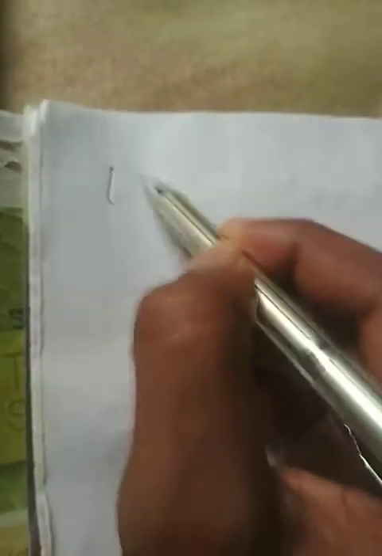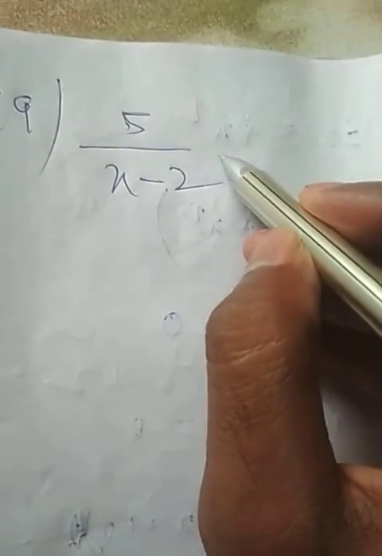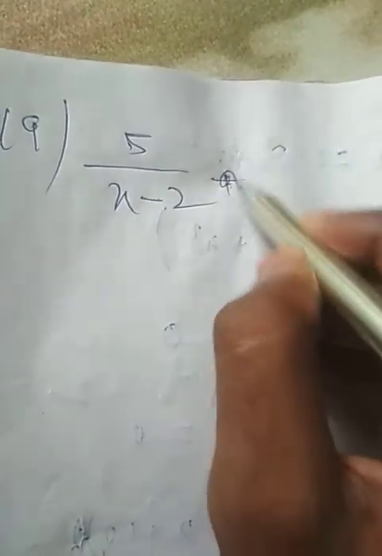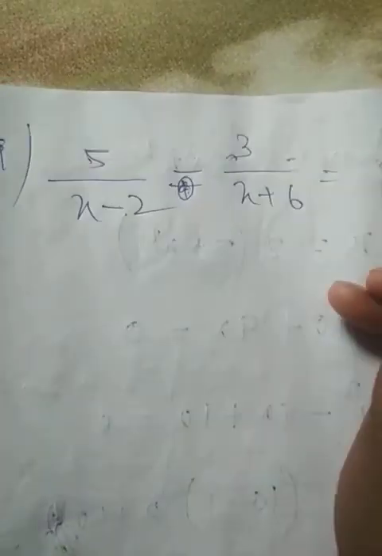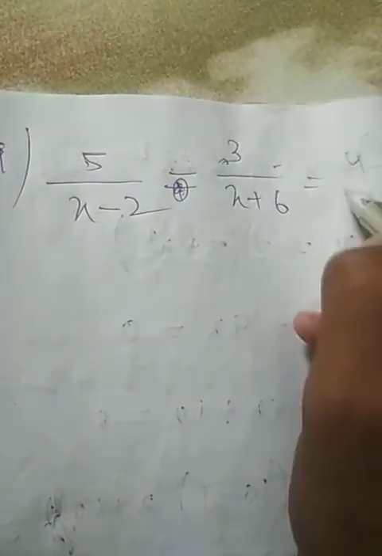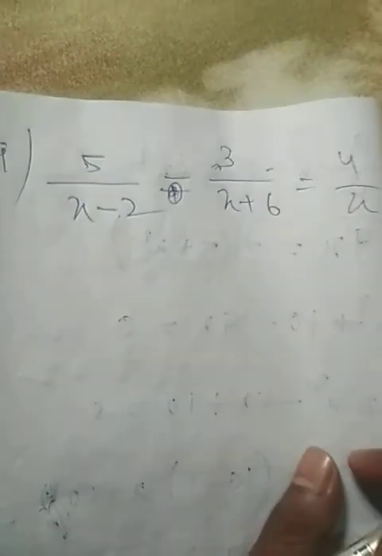Math number 19: 5 by x minus 2 plus minus 3 by x plus 6 equal to 4 by x. Now you have to solve that math.